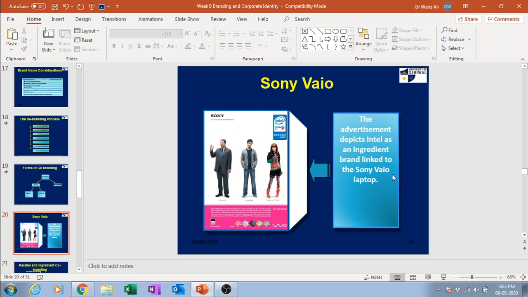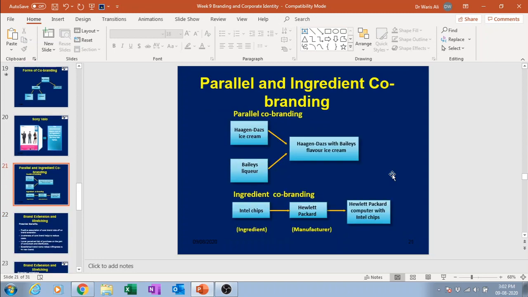For example, you are buying a Sony Vaio laptop, and in the Sony Vaio laptop you will see an Intel processor. This is ingredient co-branding. So the advertisement reflects that Intel is an ingredient brand linked with the Sony Vaio laptop. Similarly, you might have an HP laptop, and Intel chips are being used in it, or Windows 7 with the HP laptop.